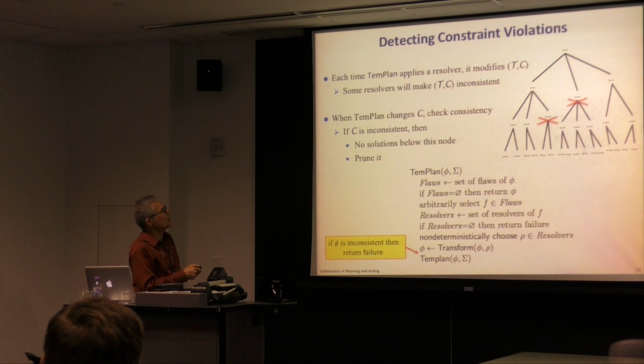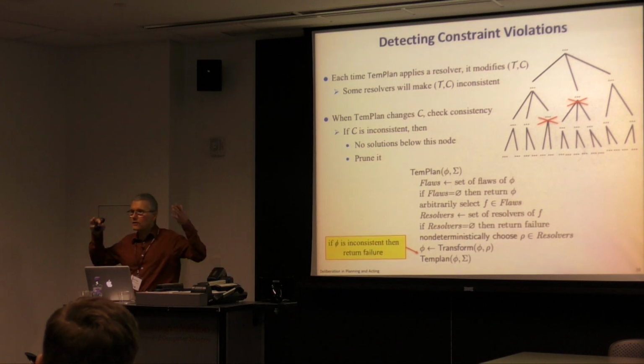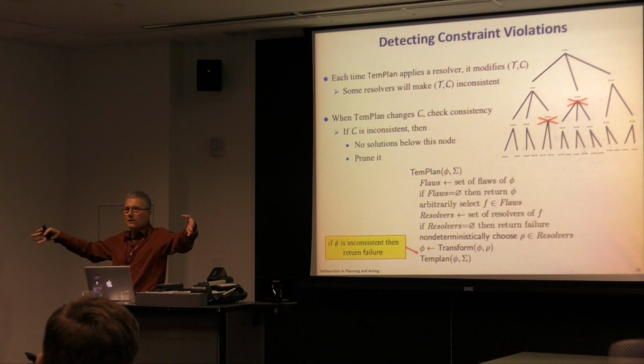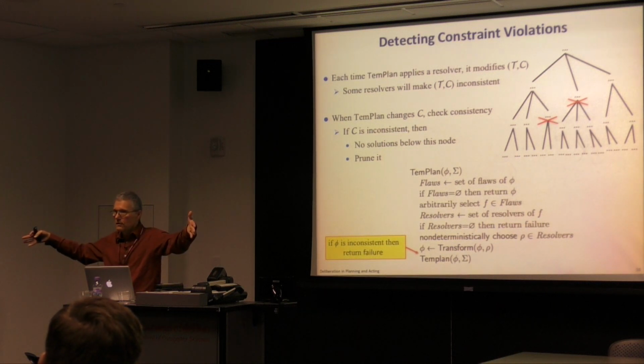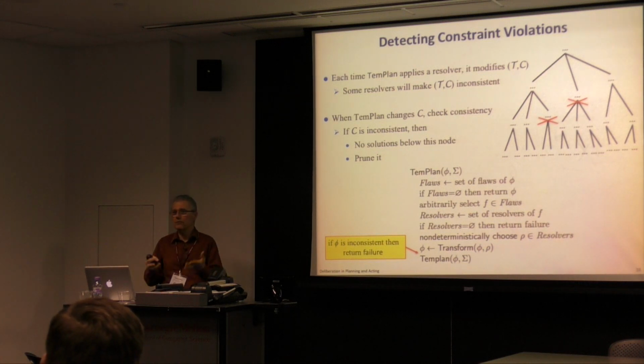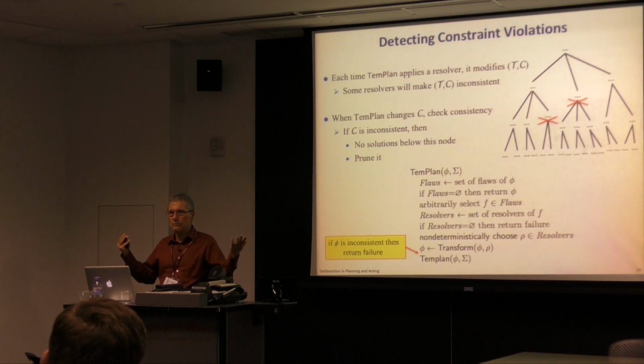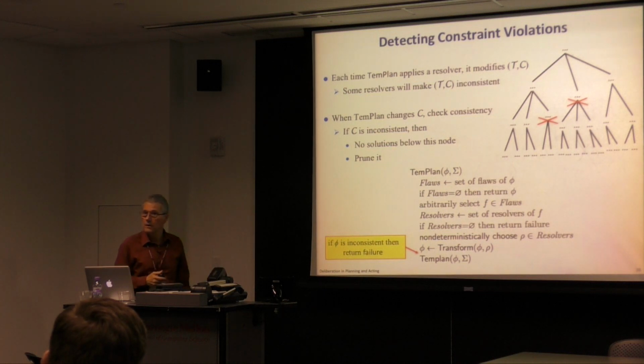When Templan changes the set of constraints, we can modify it to check consistency. Put it right into here. And if the constraints are inconsistent, then what that means is that below this node in the search space, there cannot possibly be any solutions. All right? And so in that case, we can prune that if we're doing an A-star search, or we can backtrack if we're doing a backtracking search, or whatever. Okay?